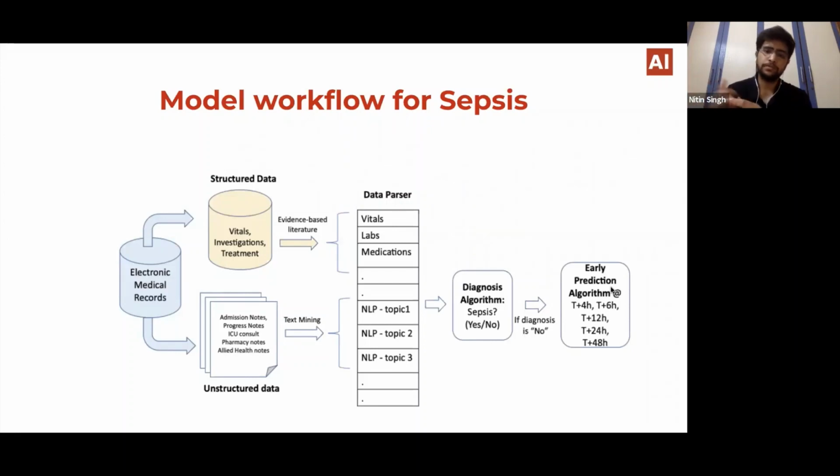Whatever the management decides depends on which unit we are talking about, like is it an emergency room, or an ICU unit. Accordingly they decide when the model has to be rerun. The model reruns based on all the latest factors being captured, and the same process happens of identifying whether it's a sepsis or not.